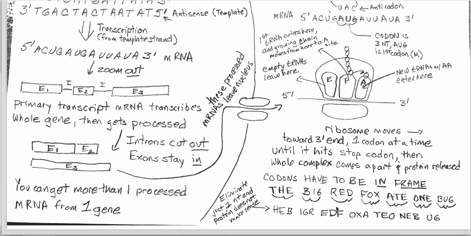That's called a frame shift mutation, and it's almost always a bad thing for the cell that is making that protein, because now it can't make a protein that is going to have the right shape, and if proteins don't have the right shape, they can't do the right job, and usually that protein just degrades and you don't get that protein. So there's some very famous frame shift mutations in human biology. We'll talk about those later on in the class.